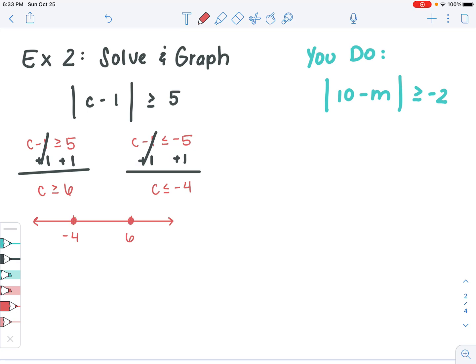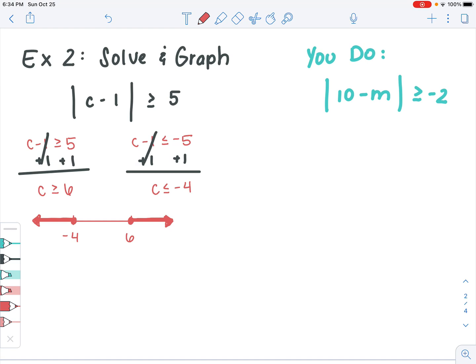I see they both have closed circles because they have equal to signs. Then I want c to be greater than or equal to 6, so I want c to go this way, and c to be less than or equal to negative 4. So I do have an OR graph because I'm pointing out for both of them. Just kind of reassures me that I solved this correctly.